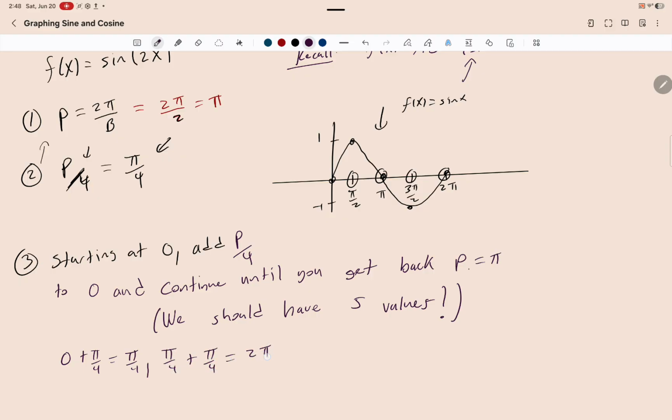So I get 2 pi over 4. Don't simplify now, simplify at the end. And then from 2 pi over 4, I'm going to keep adding pi over 4, so I get 3 pi over 4, until I get back the period, which is p. At 3 pi over 4, I'm going to add another pi over 4, which gives us 4 pi over 4, which is just pi.